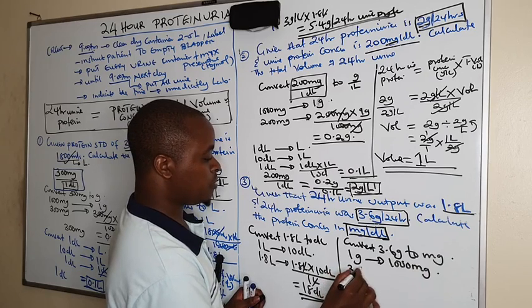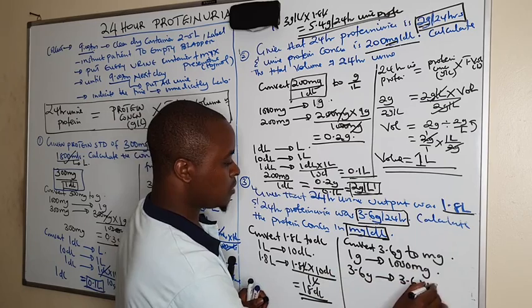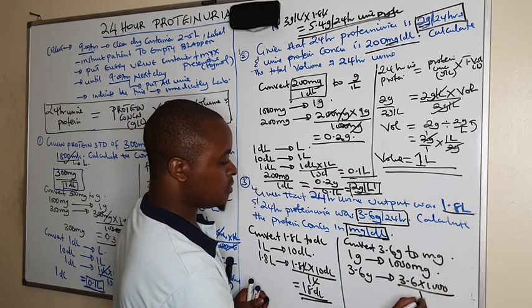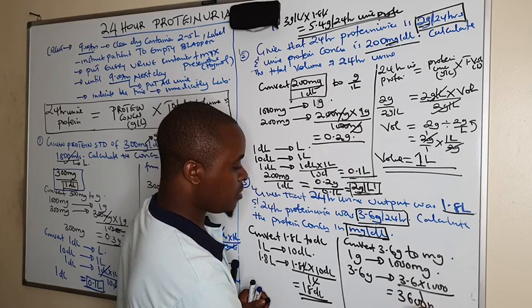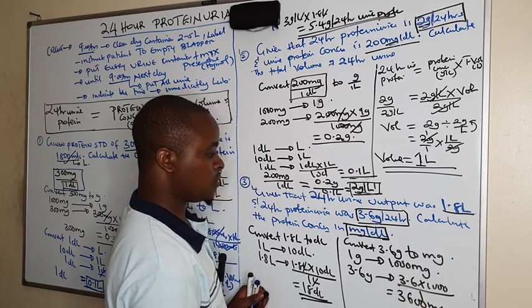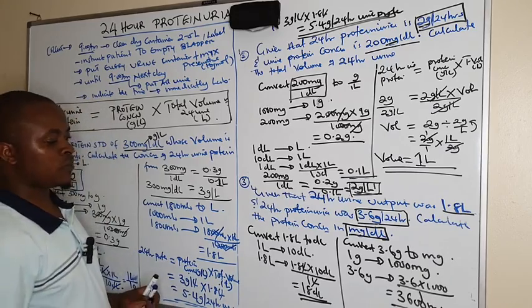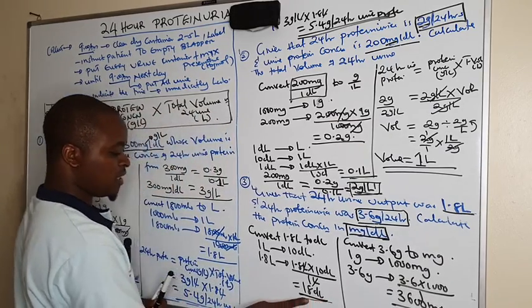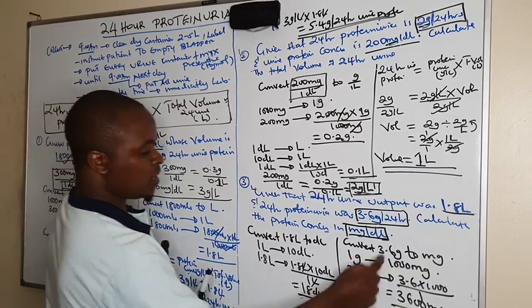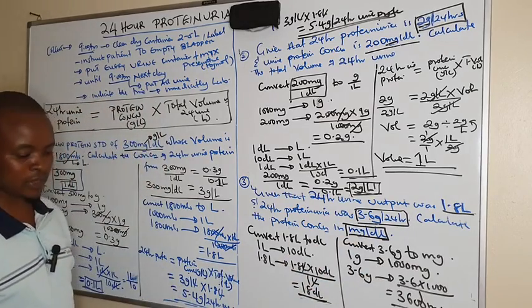So 3.6 grams is equivalent to 3.6 times 1,000 divided by 1, which gives 3,600 milligrams. So we have converted liters to deciliters and grams to milligrams, and they want the answer in milligrams per deciliter.